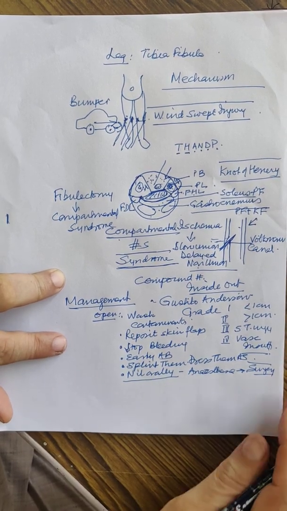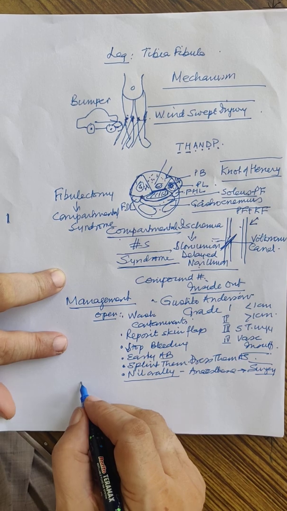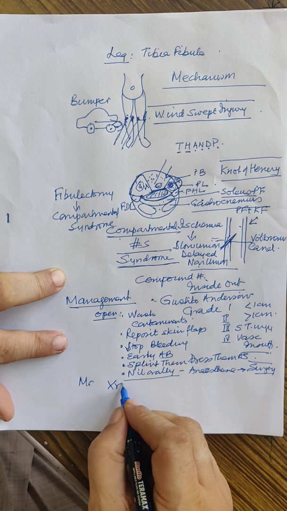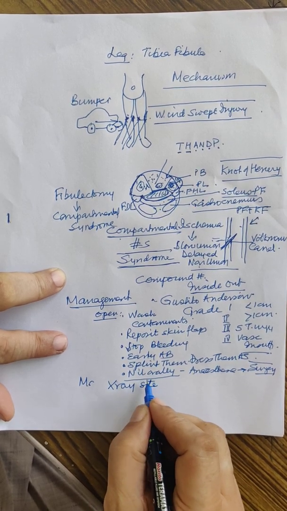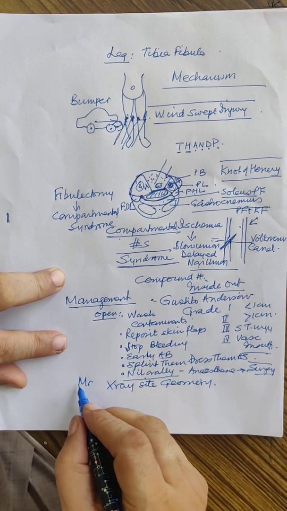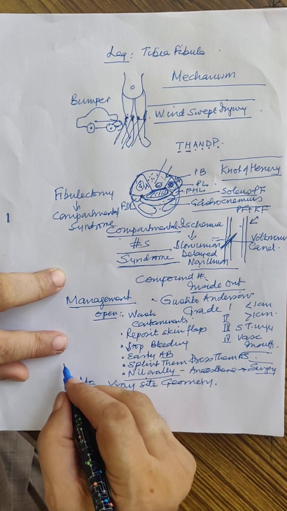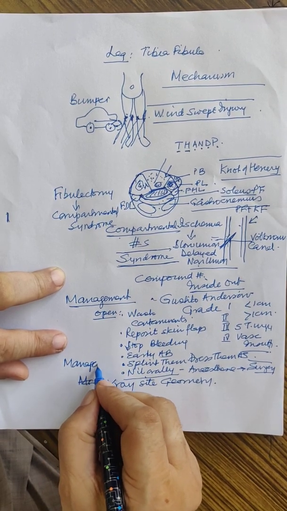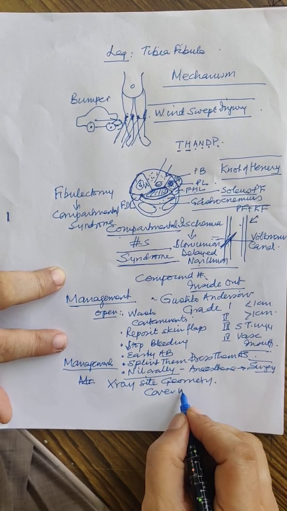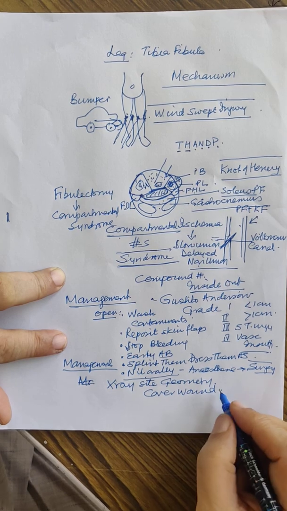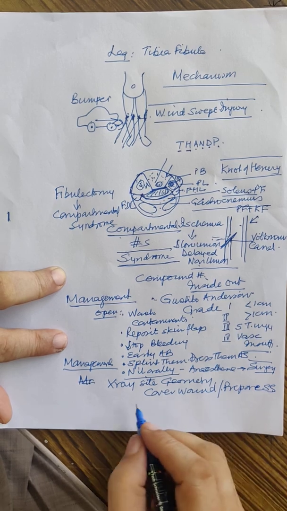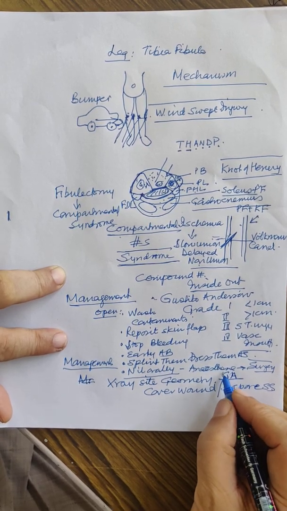So then you follow all the stages of management. You X-ray, determine the site and the geometry of the fracture, and then in the management you cover the wound, you prepare surrounding skin, and all this is being done under general anesthesia.